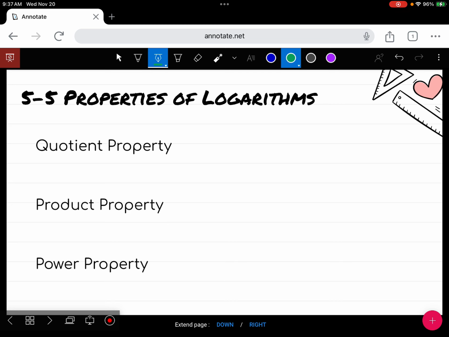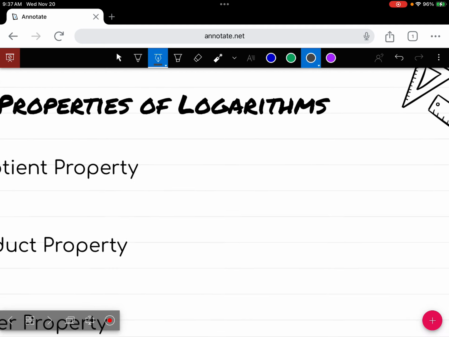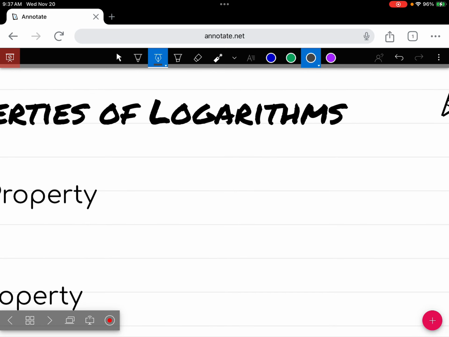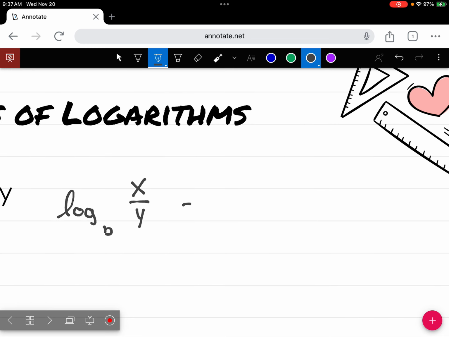So our properties of logarithms. We're going to write all these pieces out, and honestly, we're probably mostly going to work with them tomorrow. We might get a little simplifying done. But our quotient property, our product property, and our power property. What these are, and you've seen them before, is if I have a log with any base, it does not matter what base it is, and I have two pieces that are being divided, our quotient, x over y, I could rewrite that.